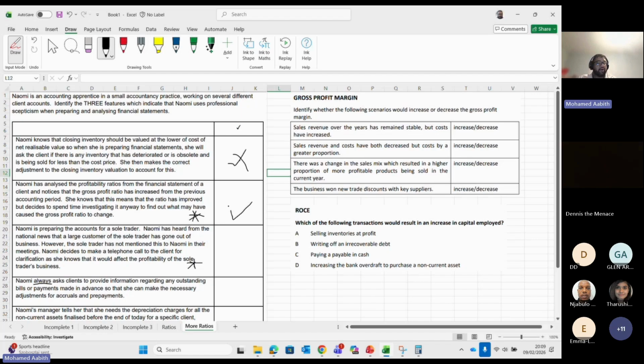Similarly, for this one also, you are skeptical because the customer didn't mention this particular scenario in their last meeting. So I am very skeptical about whether you have made the right call, so we are investigating to make sure we do the right thing. That one is similar to the last one.